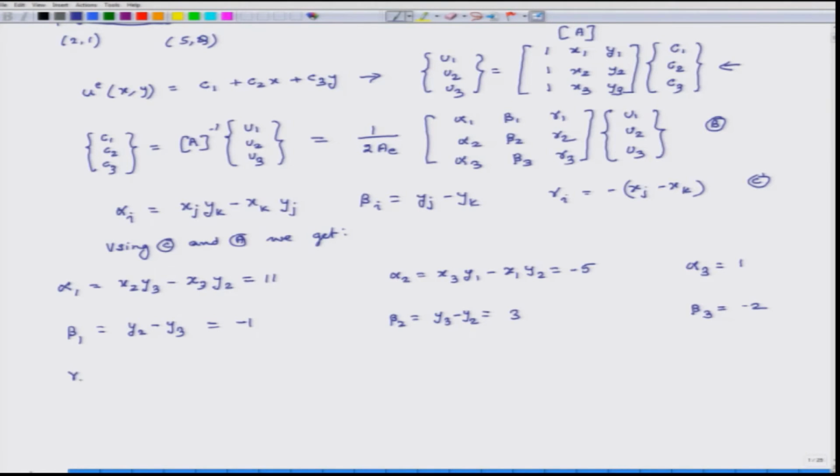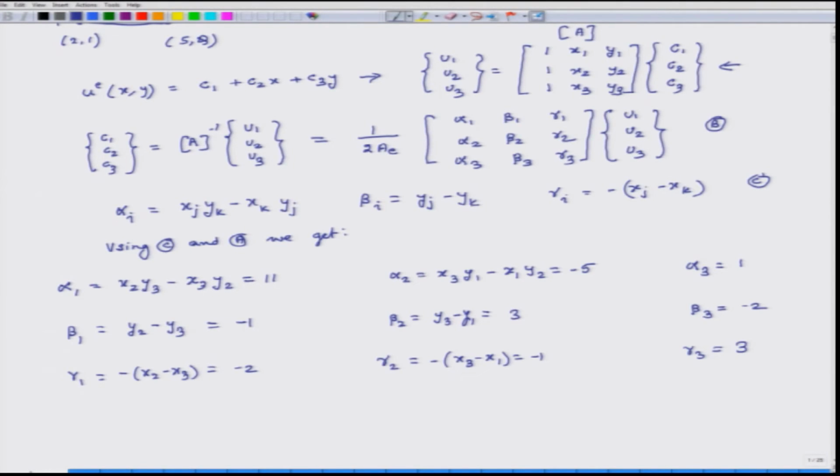And finally, gamma 1 is equal to minus (x2 minus x3), and that is equal to minus 2. Gamma 2 equals minus... oh I am sorry, this should be y1. So gamma 2 equals negative of (x3 minus x1), and that is equal to minus 1, and gamma 3 equals 3.